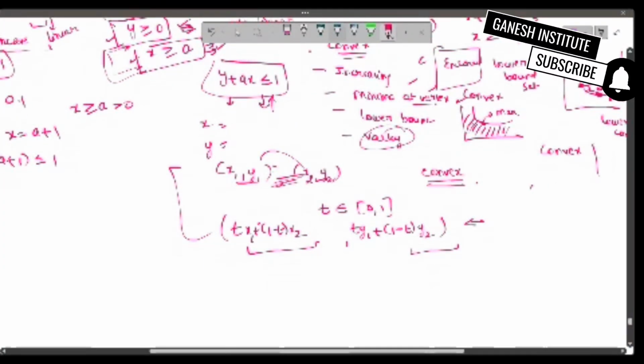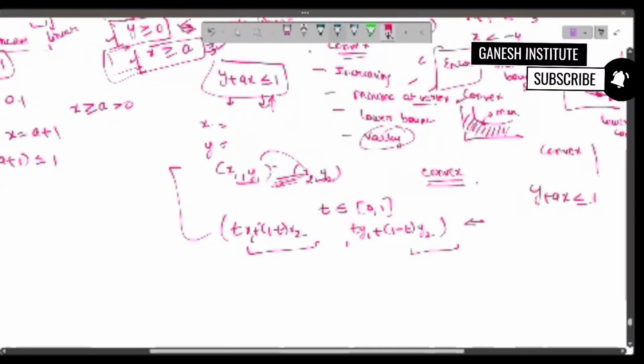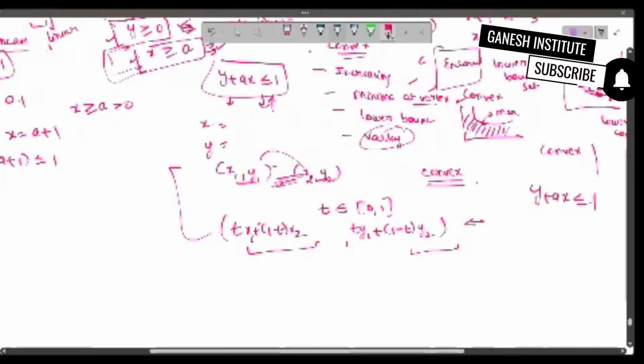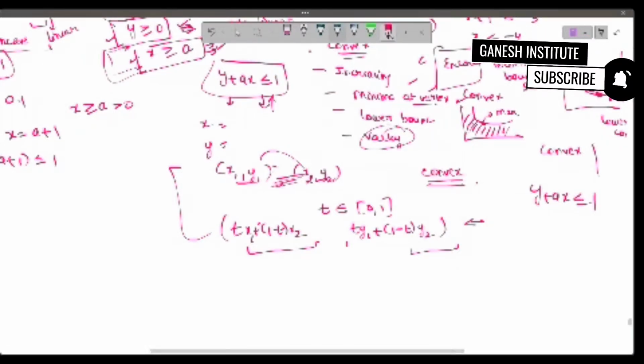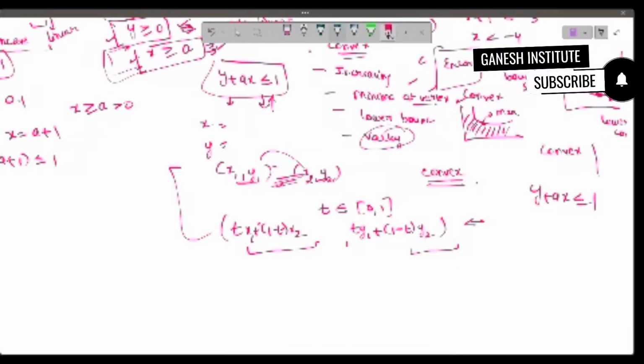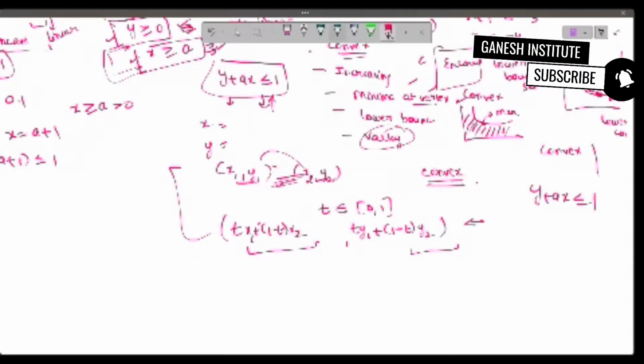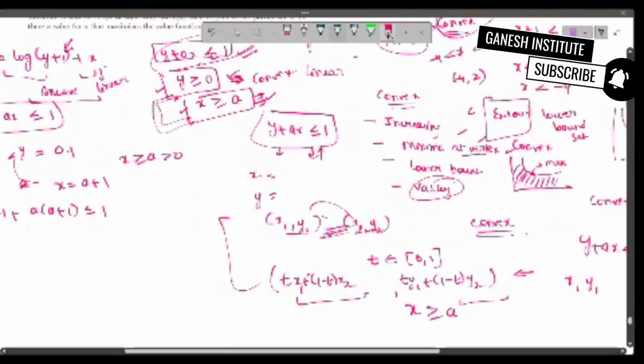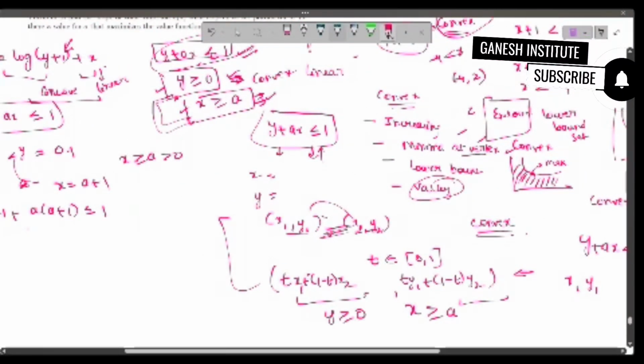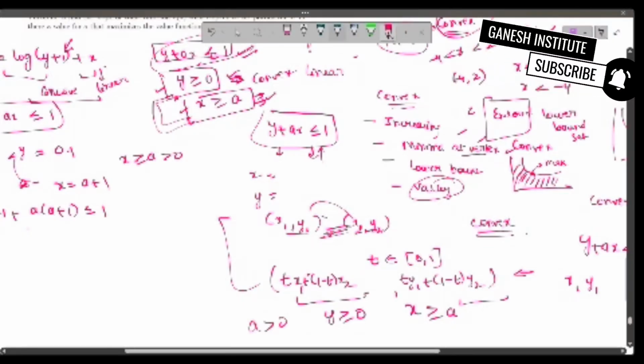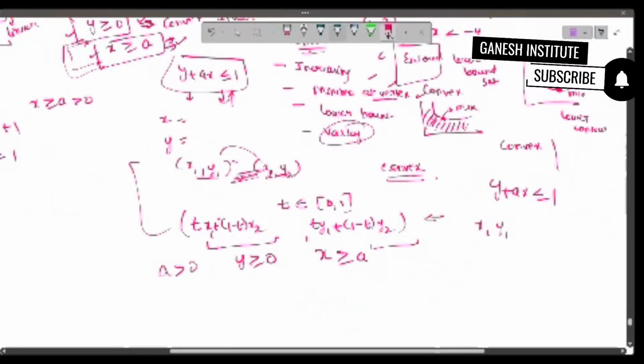Sure. Y plus ax less than or equal to 1. Let's assume we can have x1, y1. The condition for x1, y1 should be in a manner that all those other constraints which we have already proved should be binding.